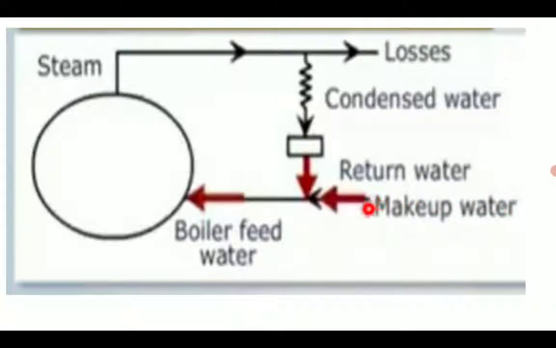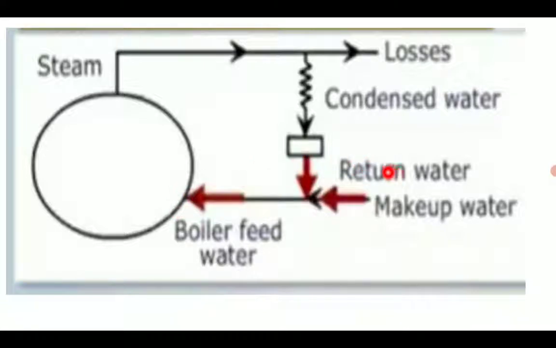This makeup water is the fresh water which is raised from your pond or river or lake, etc. And this return water and makeup water together can be fed to the boiler. So this we call boiler feed water.